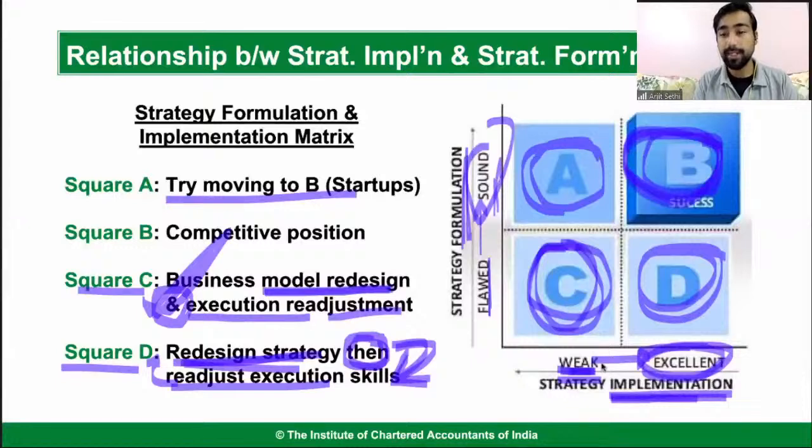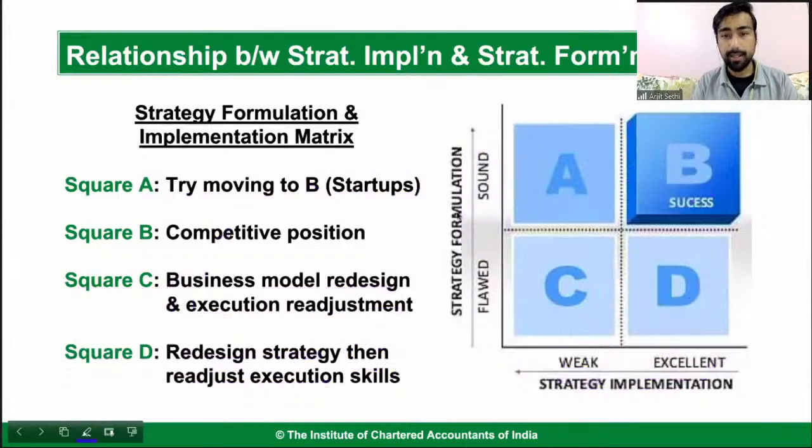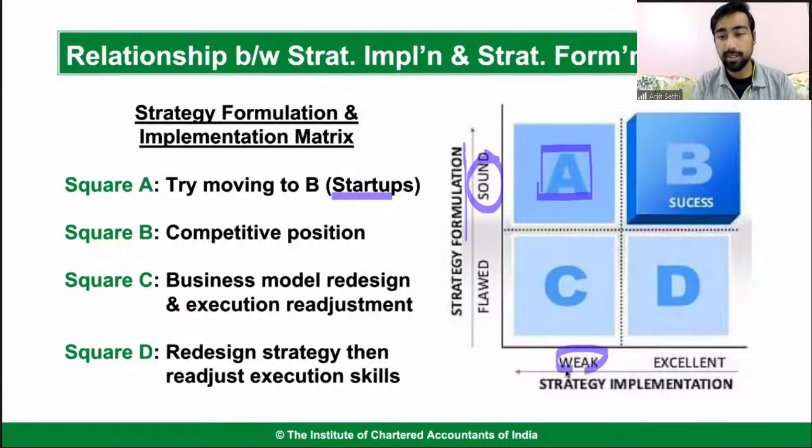When your implementation is only weak but your strategy is logical, but you are not able to implement it. A classic example is startups, right? Startups have a very good formulated strategy, very sound in A box, but execution is a problem for startups, right?